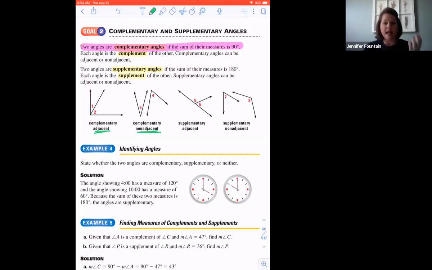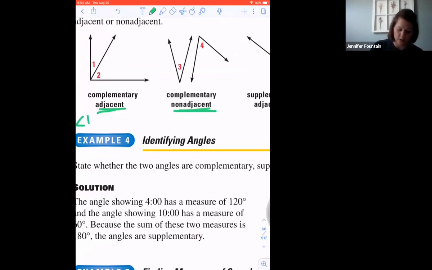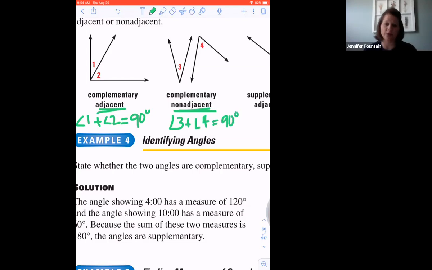So in the first one, angle 1 plus angle 2 equals 90 degrees. Same thing here, angle 3 plus angle 4 equals 90 degrees.